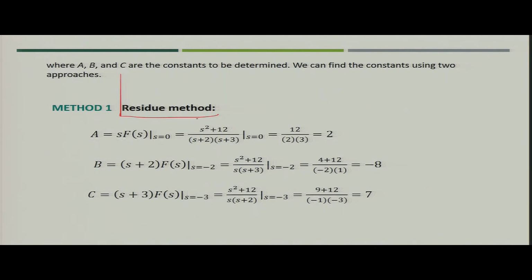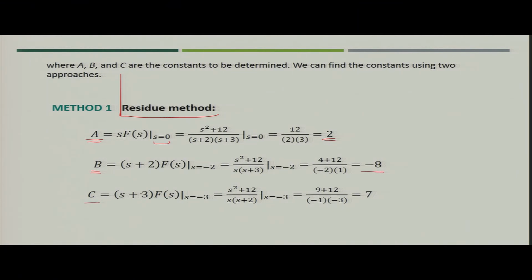So, in this case we will first multiply the Laplace transform with s and equate it for s equal to 0, we will simply get A, which is 2. Similarly, for finding out B, we multiply the Laplace transform with s plus 2 and find out the value of the complete function at s equal to minus 2, and we get the value of B as minus 8.